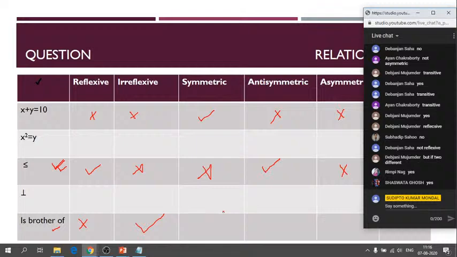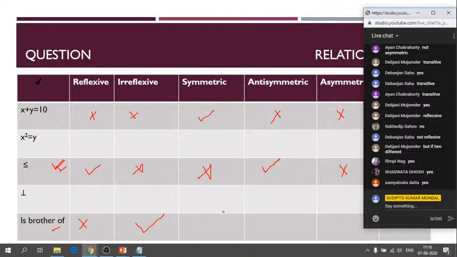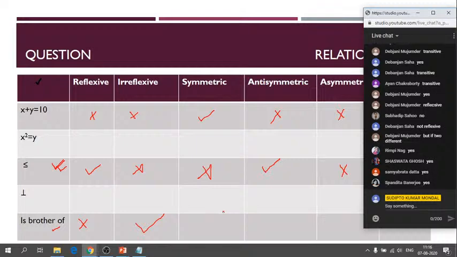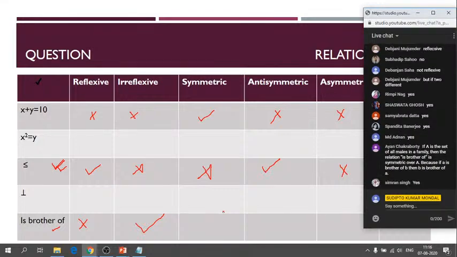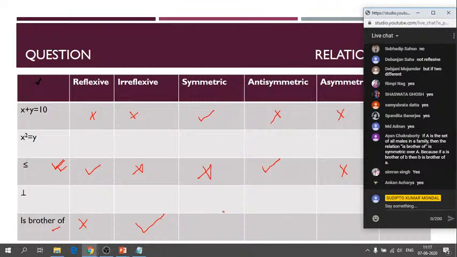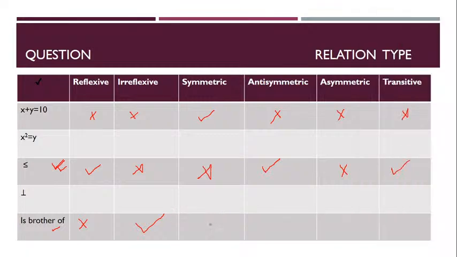So look carefully that x is a brother of y. Is it necessary that y has to be brother of x? Whether it is possible y is sister of x: x is brother of y, and y is sister of x. So x is a brother of y, but y can be sister of x. That is also possible, and that's why it is not true always.